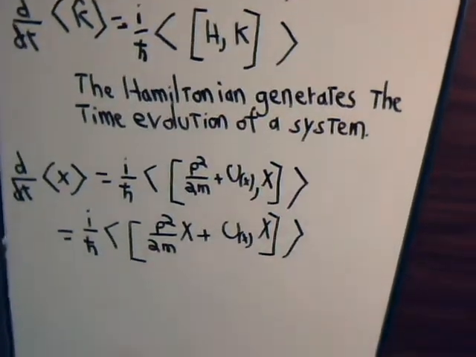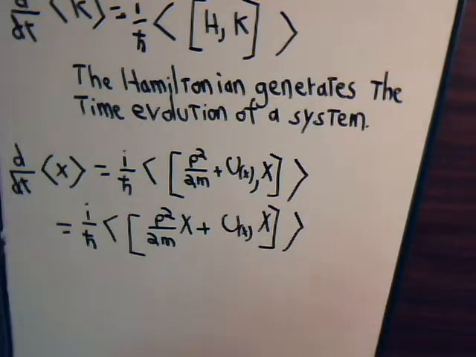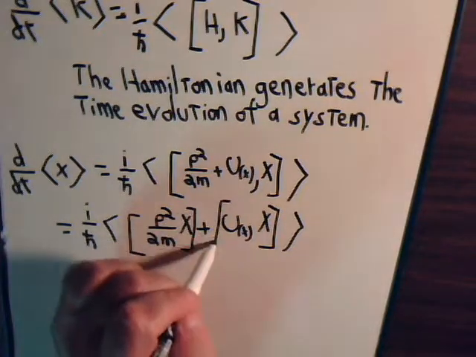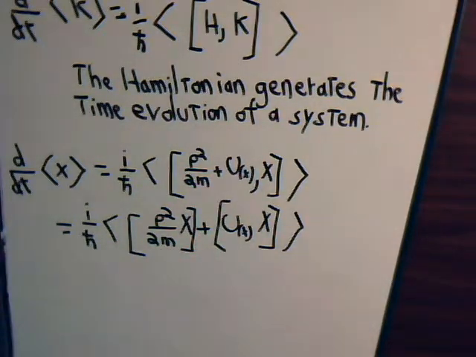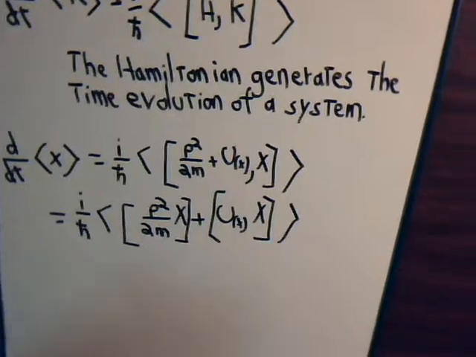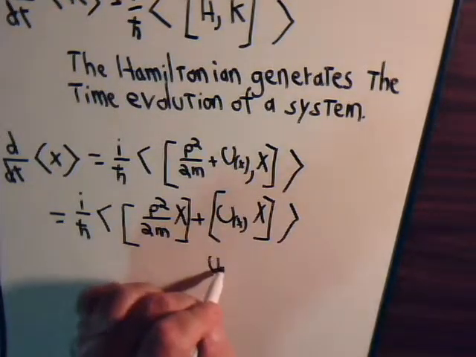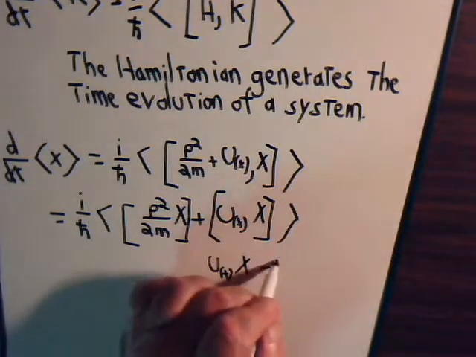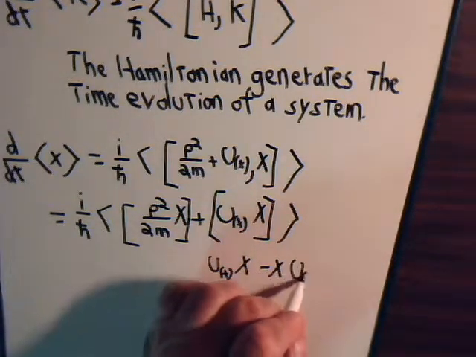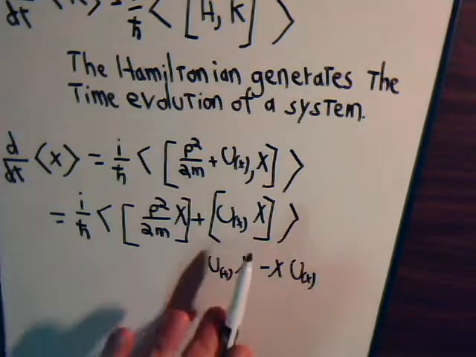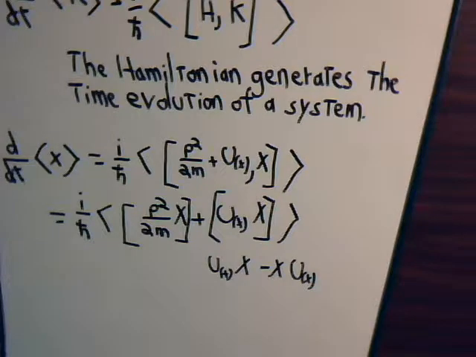So that's the expression right now. We have two commutators. Well, this one is 0 because this is just simply u of x times x minus x times u of x. So this just gives us 0.